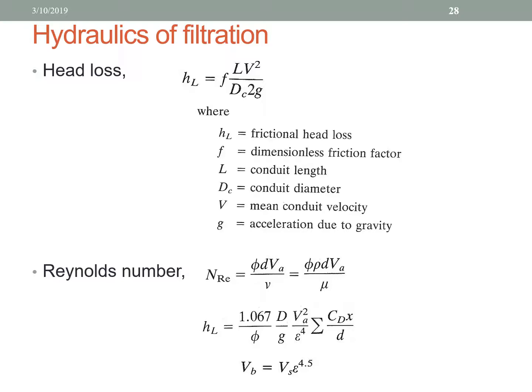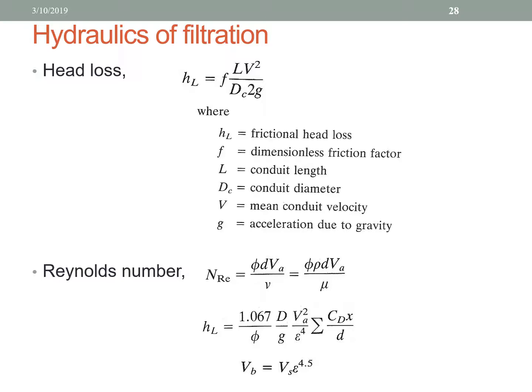Reynolds number, I put here, Reynolds number is phi times d times v_a over nu. If you remember, try to find Reynolds number in fluid class. So please pause here, go to the fluid section in your FE manual, and find Reynolds number.